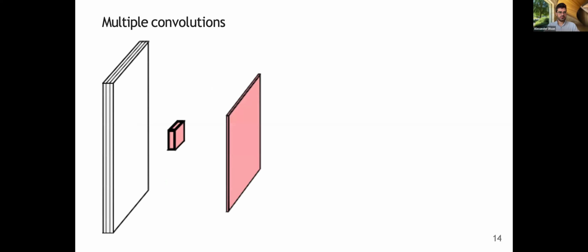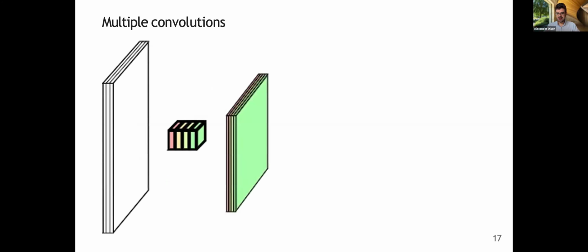And then the other thing to note is that for each layer of the network, we do many different convolutions. So, we sort of represent these as being stacked convolutional filters. And the analogy or the idea here is that each of these filters is looking for a different pattern in the image. So we learn as many filters as we think there might be different patterns that we need to identify.